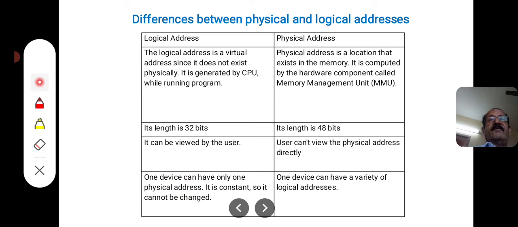One device can have one physical address here, but one device can have many logical addresses. If a logical address is available, you can get the physical address using a protocol called Address Resolution Protocol, ARP. We discussed it in the TCP/IP model. Similarly, in reverse, if a physical address is available, the logical address can be obtained by using RARP, Reverse Address Resolution Protocol.